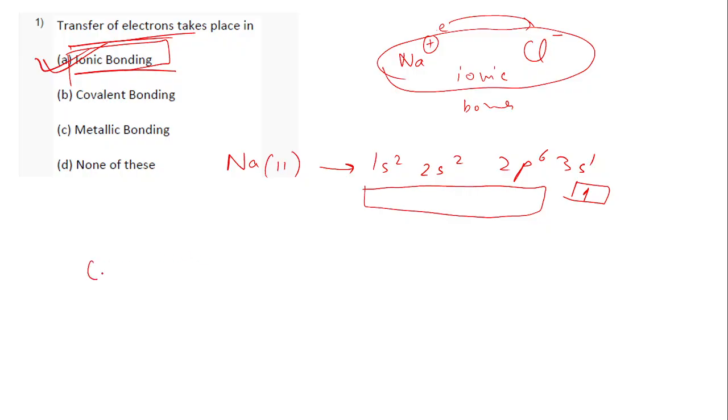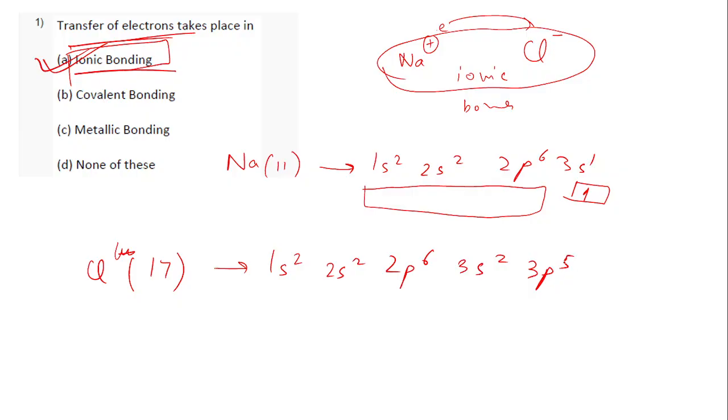Whereas this chlorine has 17 electrons, and the electronic configuration will be 1s2, 2s2, 2p6, 3s2, 3p5.